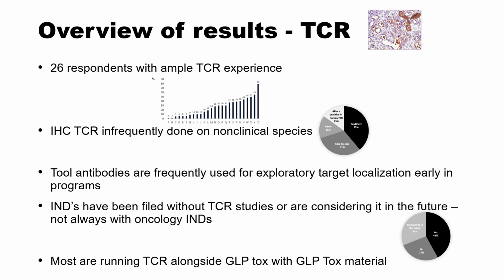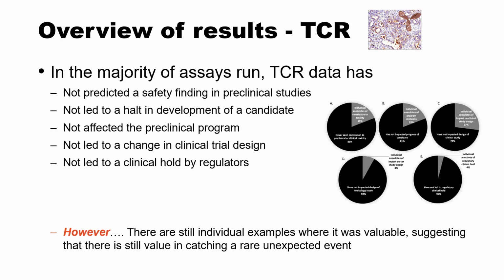Most are running the tissue cross-reactivity study alongside the GLP tox with GLP tox material. And in the majority of sponsors' experiences with this, the tissue cross-reactivity data has not predicted a safety finding in the preclinical studies. The results have not led to a halt in development of a candidate.